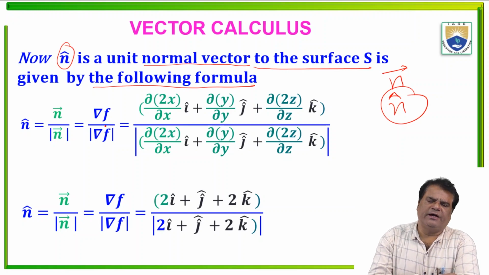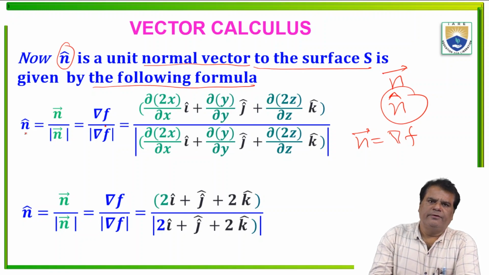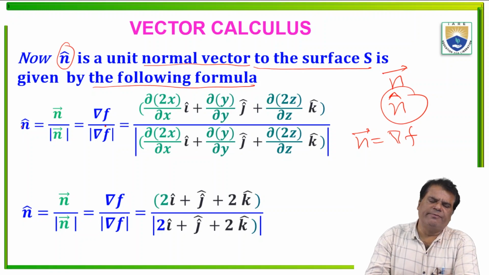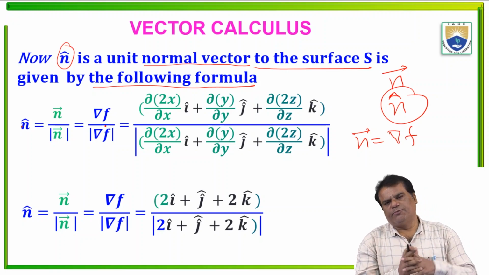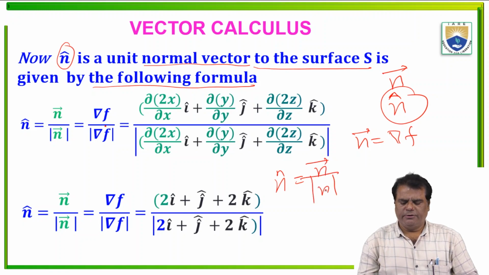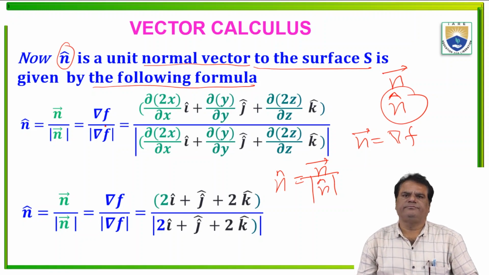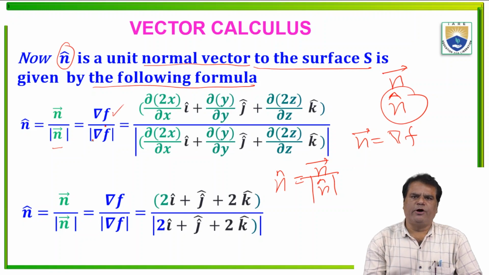This is a very important and interesting formula. The n vector is del F. Any vector is converted into a unit vector if we divide by its modulus. So n cap equals n vector divided by its modulus, where n vector is del F, so n cap is del F divided by mod del F.